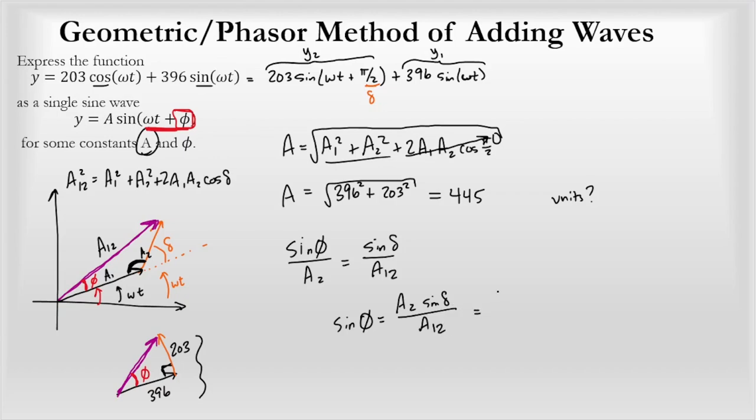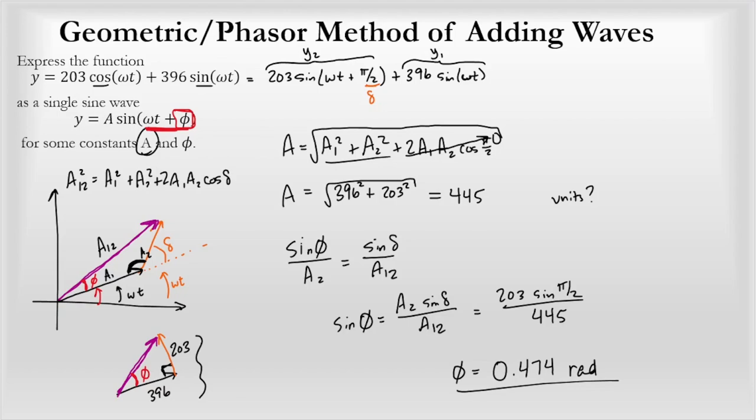For our problem, this becomes pretty easy. I'm going to get 203 sine pi over 2, which is 1, divided by my resultant vector, 445. And when you run this through your calculator, you're going to get 0.474 radians. That's it. Okay.